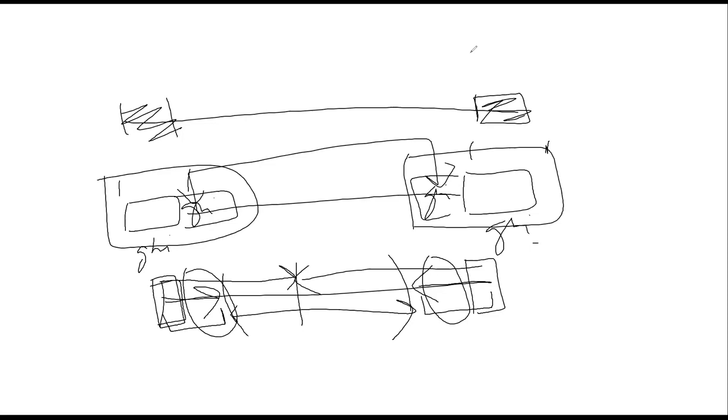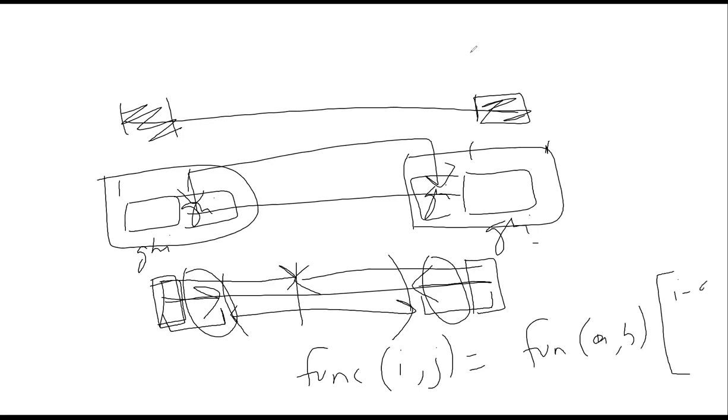Essentially, the recurrence equation becomes: if you have a function from i to j, it is equal to function of a comma b, considering i to a is equal to b to j, and plus 2.